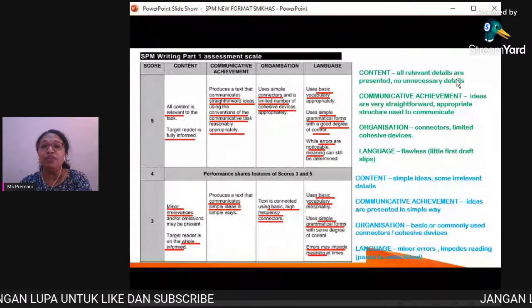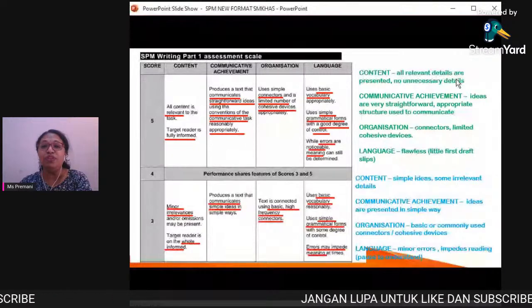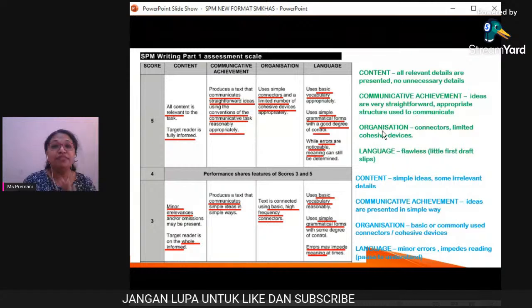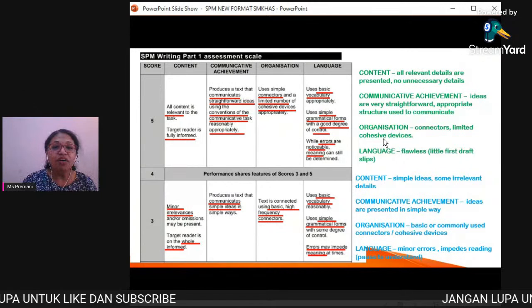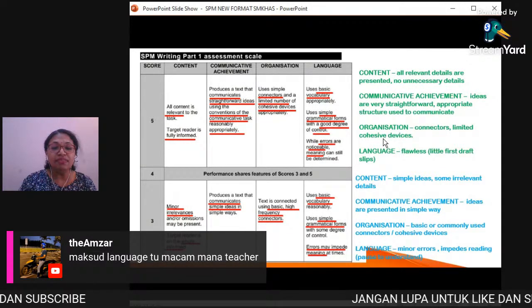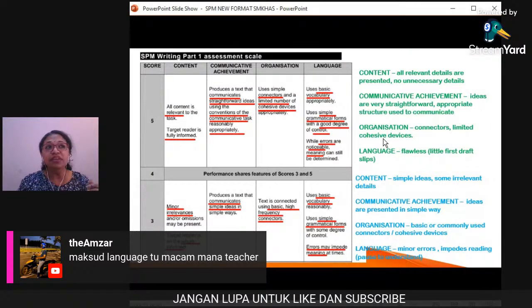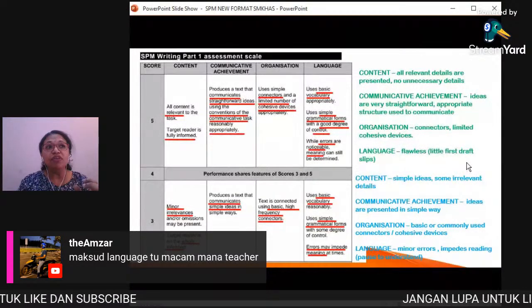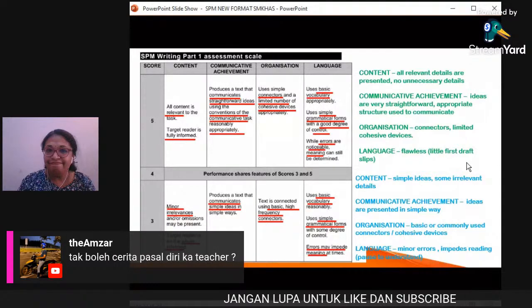This is for part 1. Here, all relevant details are presented, and communicative achievement ideas are straightforward. Okay, and it's communicating friendly. Organization, connectors, limited cohesive devices. When I say limited here, I'm not talking about using very formal ones. They want a friendly tone. Okay, and of course, which is flawless. No error. Number 2, first draft slip allowed.